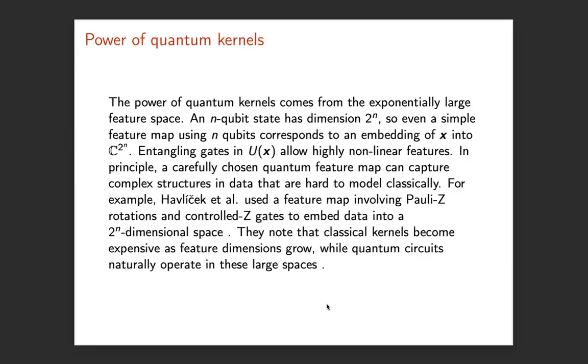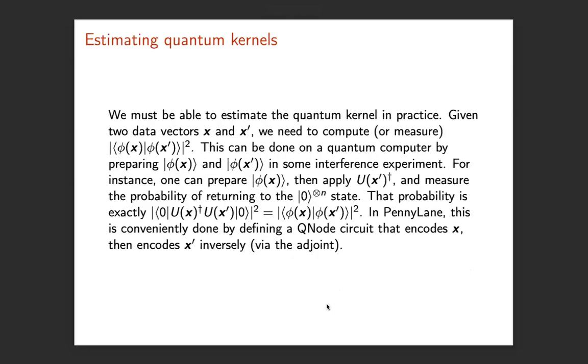So as I said, there are many different types of feature maps, and I'm going to leave some of these slides uncommented, and I just leave it to you to actually read through some of these references here.